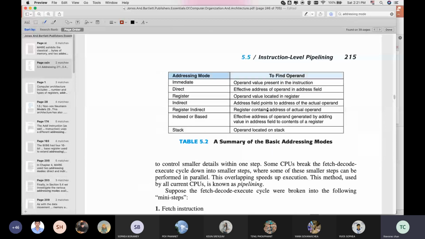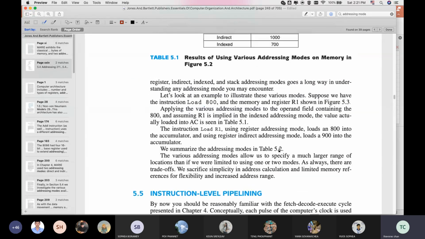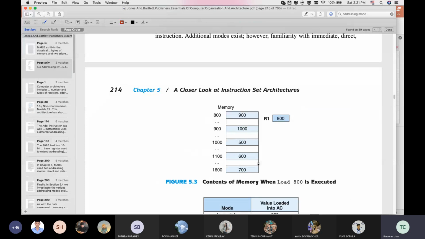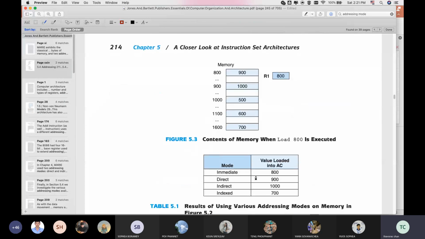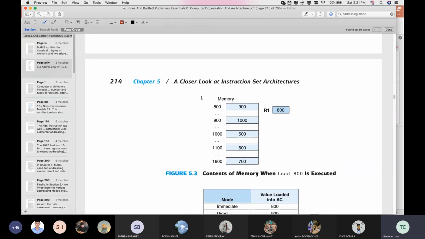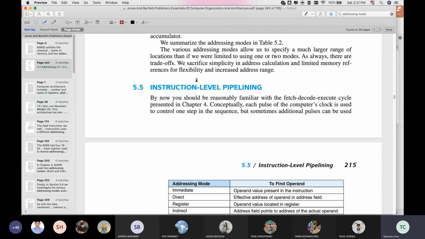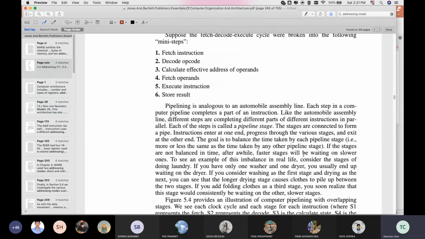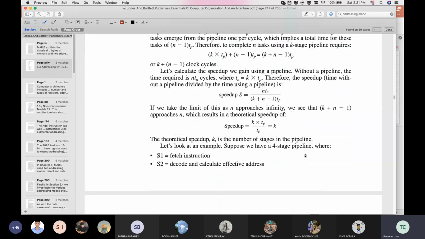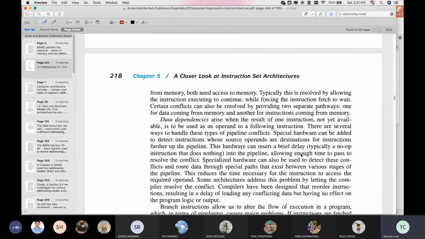Here, 215 explains what is immediate, what is the right. And here is the example. Actually, it's the same thing. Okay, page 214, 214, 215.